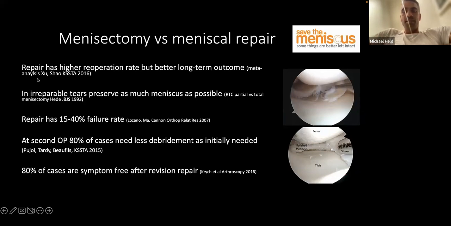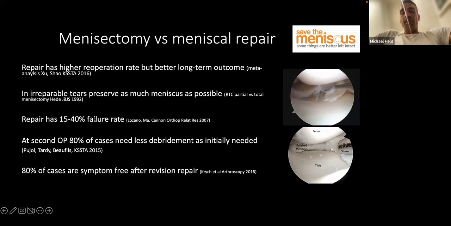That's a meta-analysis done. If a tear is not repairable, you shouldn't do a total or subtotal meniscectomy. You should just take out the bits and pieces of torn meniscus and leave as much tissue as you can, because it is still better than not having anything.